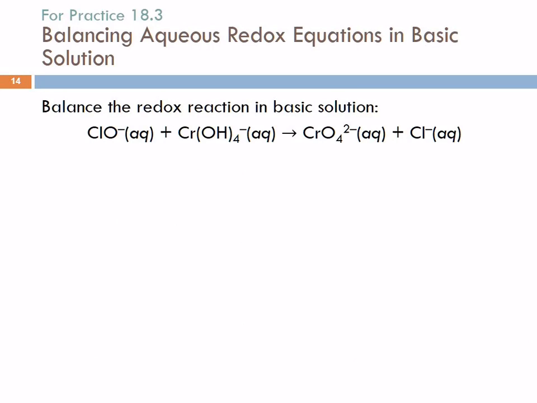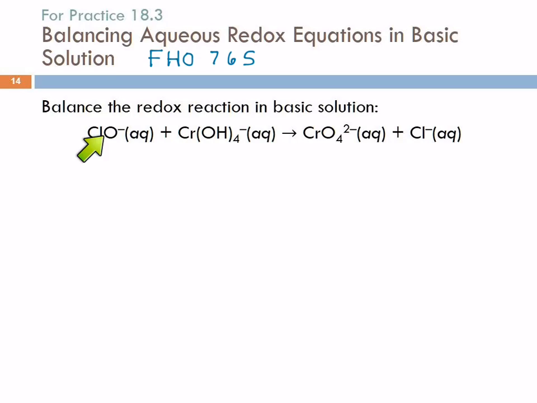One more and we'll call it a day. Well, lecture-wise anyway. Here's another one. Balance in basic solution. So here we have hypochlorite ion. We have nonmetals, and we go by the priority order: F, H, O, then 7, 6, 5.